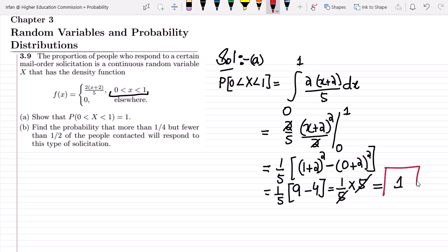Hence it is proved that the probability that x ranges from 0 to 1 is equal to 1.